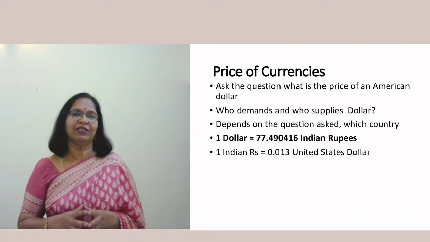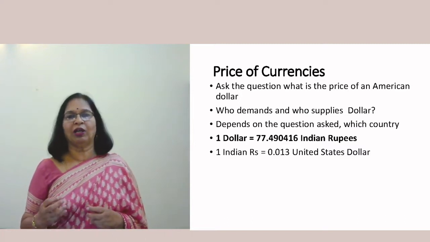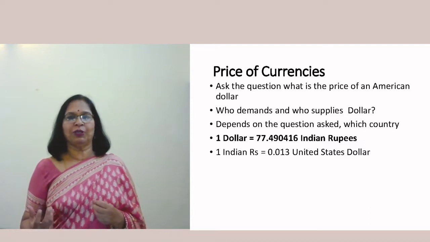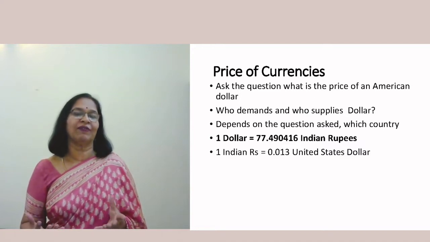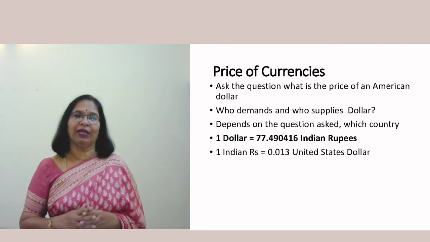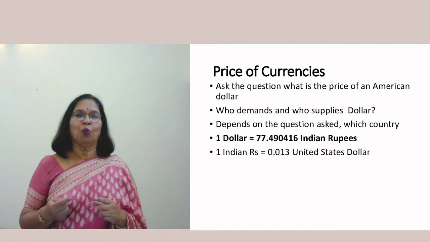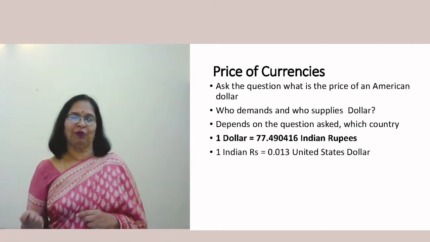The next is, what is the rate of exchange? Now the rate of exchange can be asked in this way: how much is $1 in terms of rupees? So if you exchange $1, how many rupees would we get? So $1 would give, at the current rate, about 77.49 rupees. The other way to ask is, if we take 1 rupee, how many units of dollar can we get?